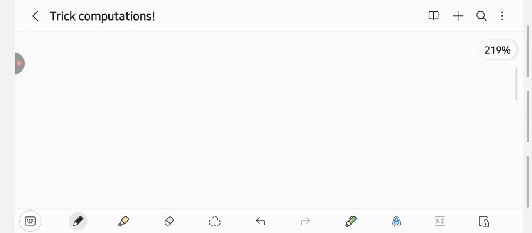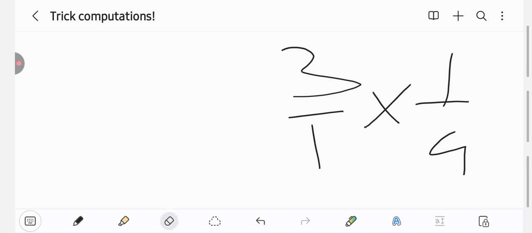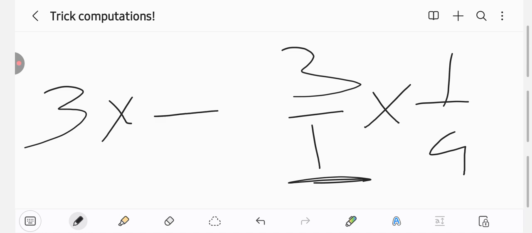3 can be represented as 3 by 1, so 3 by 1 times 1 by 4. That's how this multiplication works. It doesn't mean that 1 by 4 is added 3 by 1 times. Oh yeah, it's kind of true, because 3 by 1 is just 3 times 1 by 4, which means repeated addition.